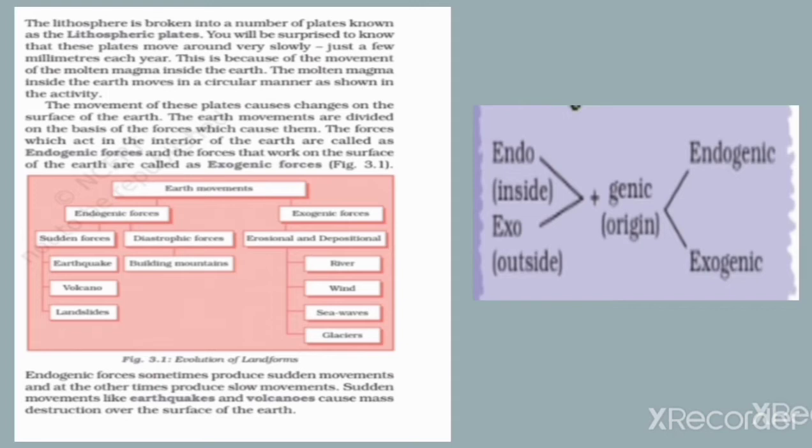And endogenic forces are natural calamities like earthquake, volcano, landslide, etc. Another point to notice is that endogenic forces cause mass destruction, and exogenic forces are naturally occurring and don't cause much destruction compared to endogenic.